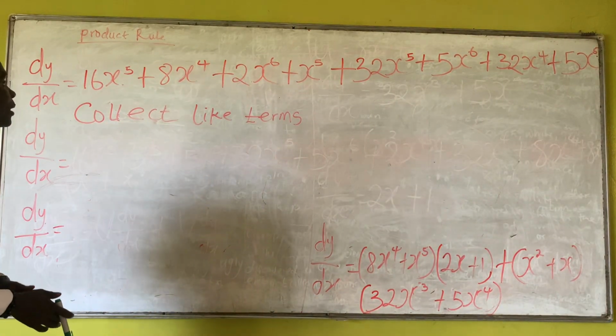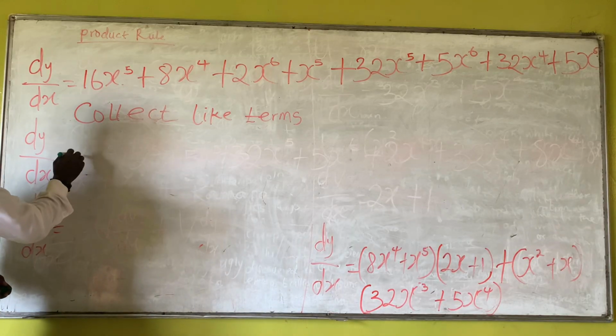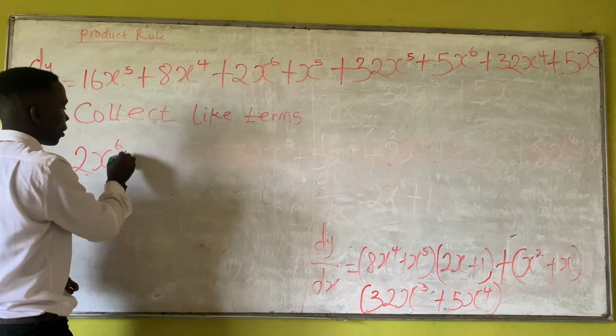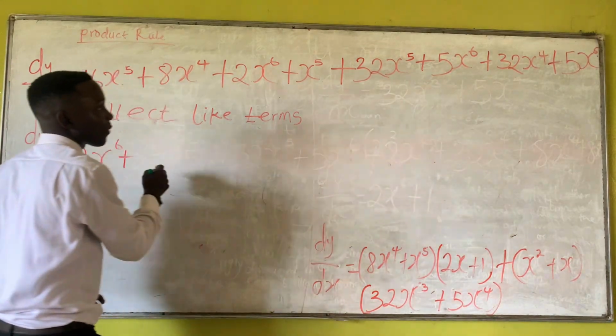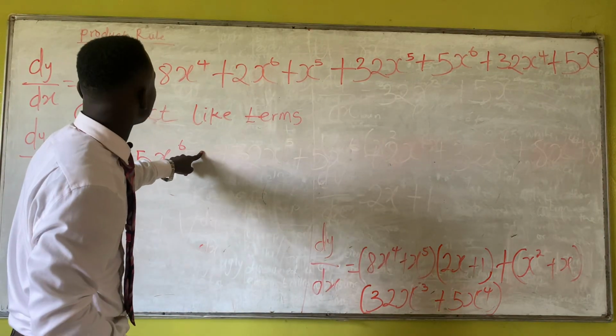So if we collect like terms, let's start from the ones that have power of 6. If we start from those ones, we are going to have 2x raised to the power of 6 plus another power of 6, which is the 5x raised to the power of 6. I think those are the only power of 6.